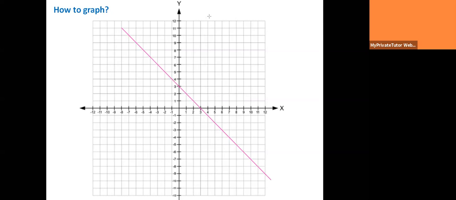Can you please find the equation, the linear equation of the graph? So they will give the graph, and they will ask you to find the linear equation, maybe in the form of y equals mx plus c. I think you might have some idea. So if the graph is like this, hope you guys understand.